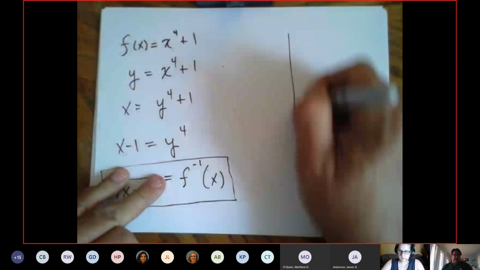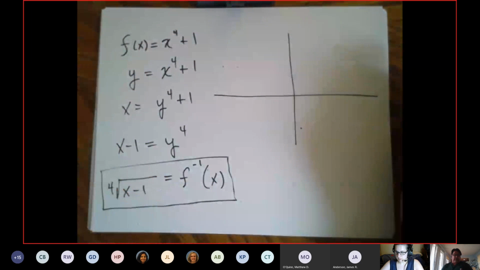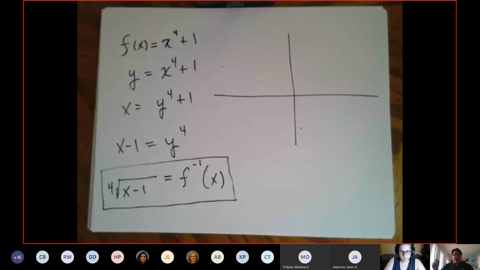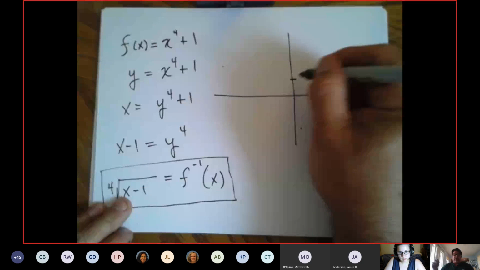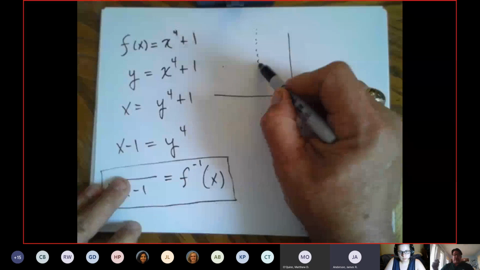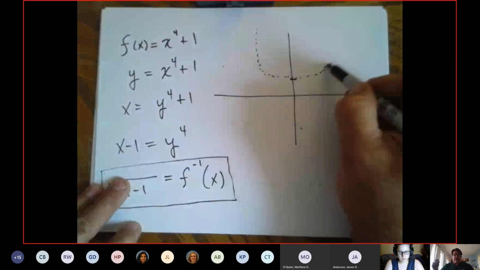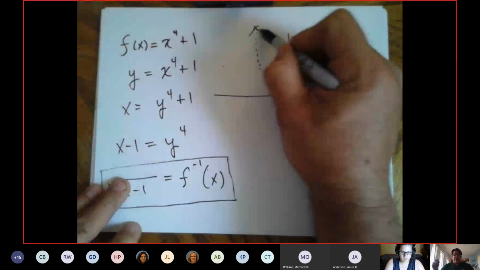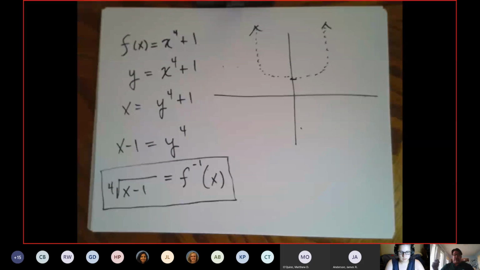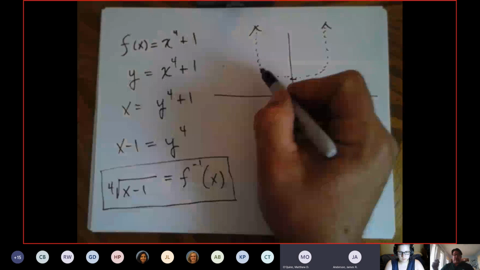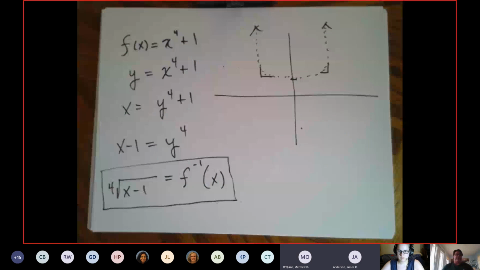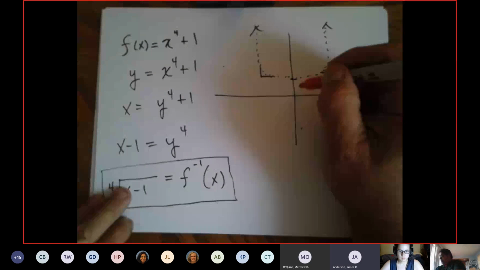You know from your family of graphs that the higher up your even exponent is, the more squared your bottom is. Instead of a parabola, it looks more like a what? A U. The higher your degree on your even function, the more squared your bottom is. And of course, the other function would look something like this.